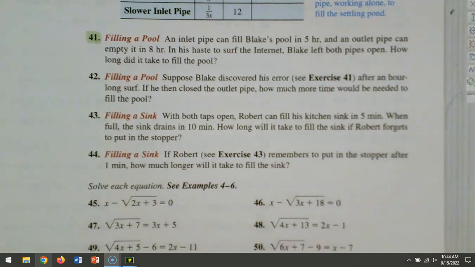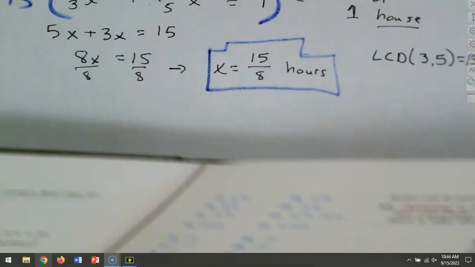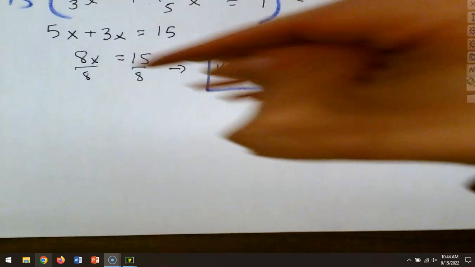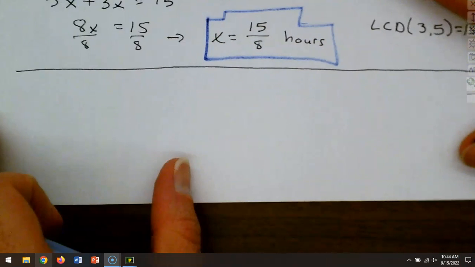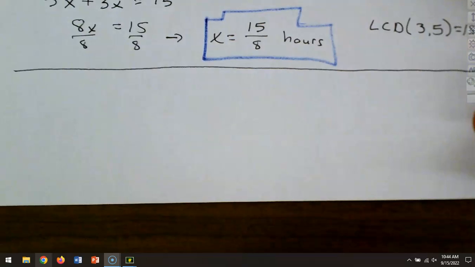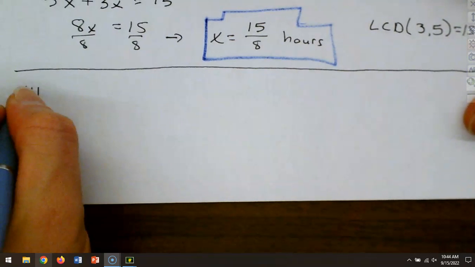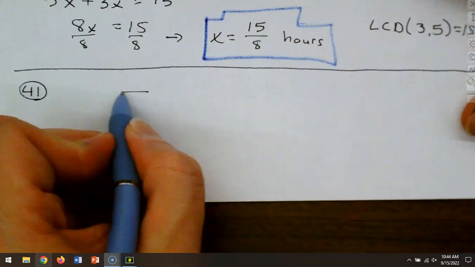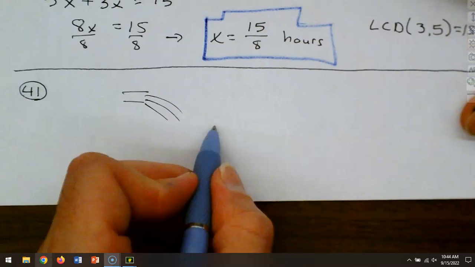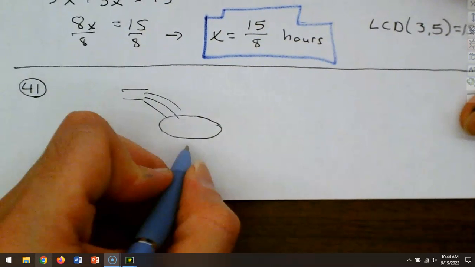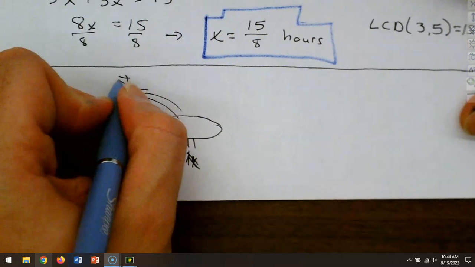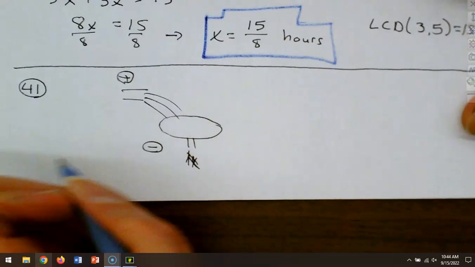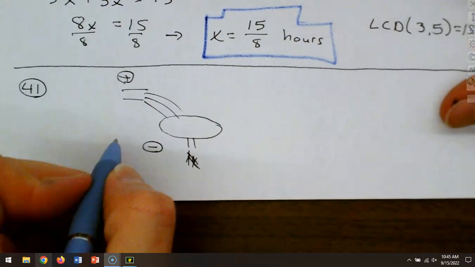How long is it going to take to fill up this pool? So when we look at this, we need to make sure we understand that this is going to be a subtraction problem, because we've got water coming in to a swimming pool, and we've got water going out. So this one's positive, this one's negative, because this is the drain down here.